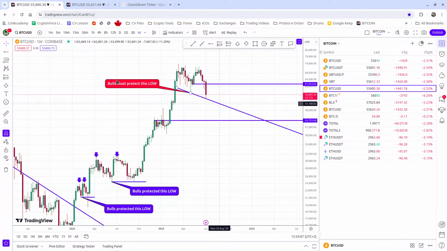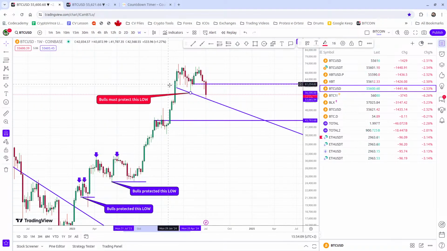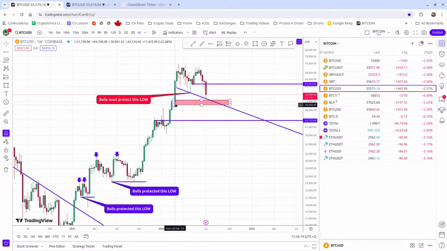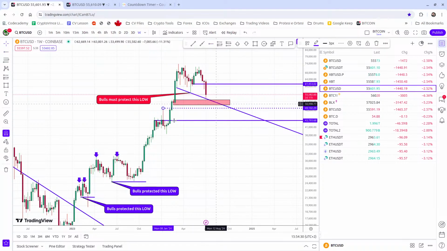Or if it does break this trend line level, well, we have the block just below. This could trigger some buy power. We have the wick here, and then we have the level at 43.